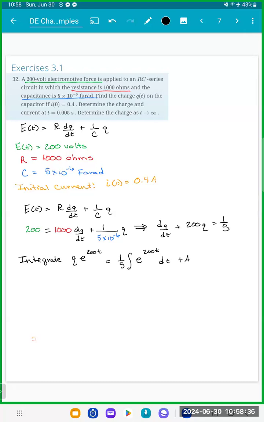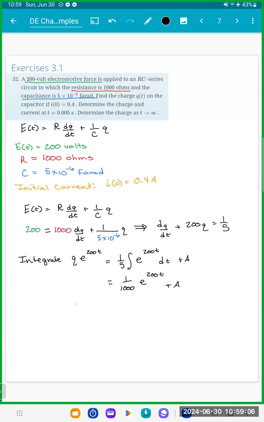And once we do that integration, that is going to give me equals 1/1000 e to the 200t plus a.